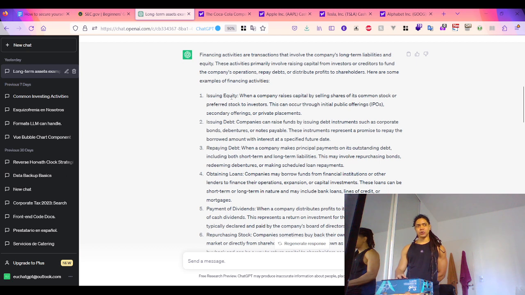So by issuing equity you can raise funds from investors, by selling more shares of the company.